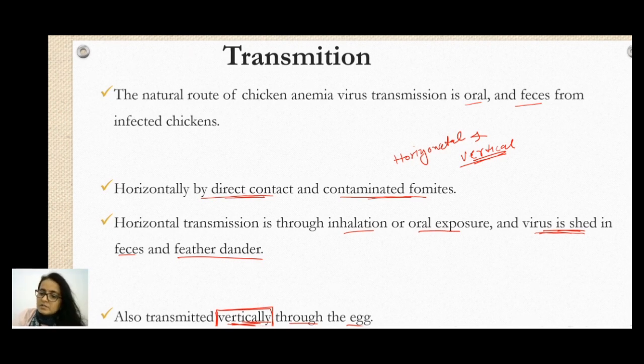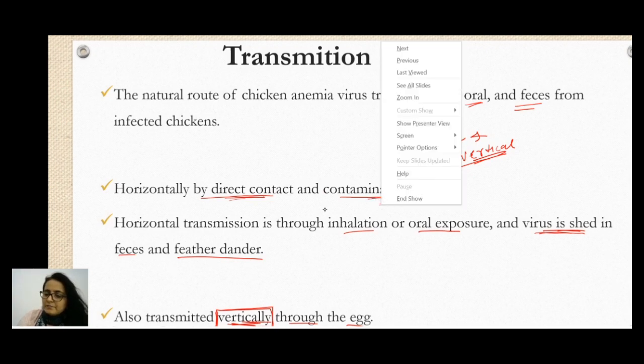The main or natural route of transmission is oral, through feces. This also includes feather dander shed in feces, and direct contact or contaminated fomites also infect horizontally.